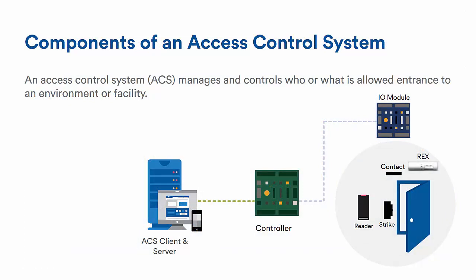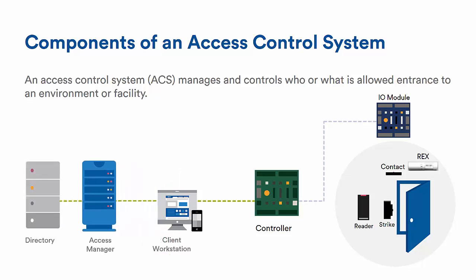I'd like to start off every module with this slide as it gauges where in the architecture we'll be focusing. In a typical architecture, we have our client and workstation that consists of the directory and the access manager. The directory is responsible for configuration, client execution, and audit trails, whereas the access manager is the command and control of the controllers and the access event storage in SQL. So it's really the access control database.